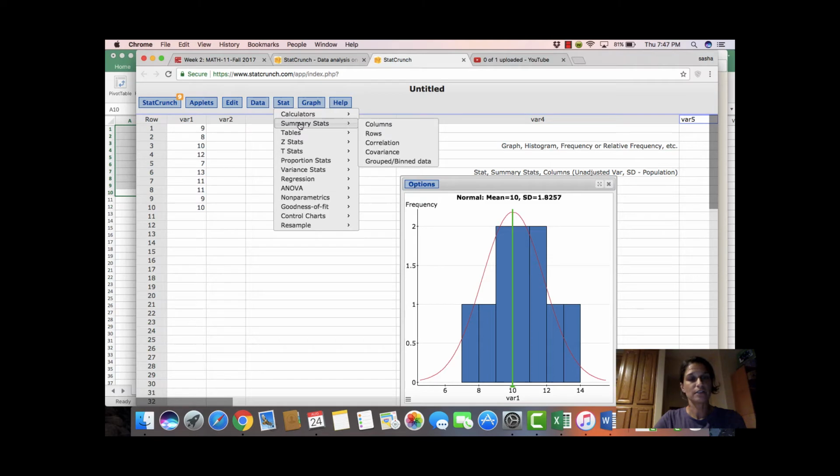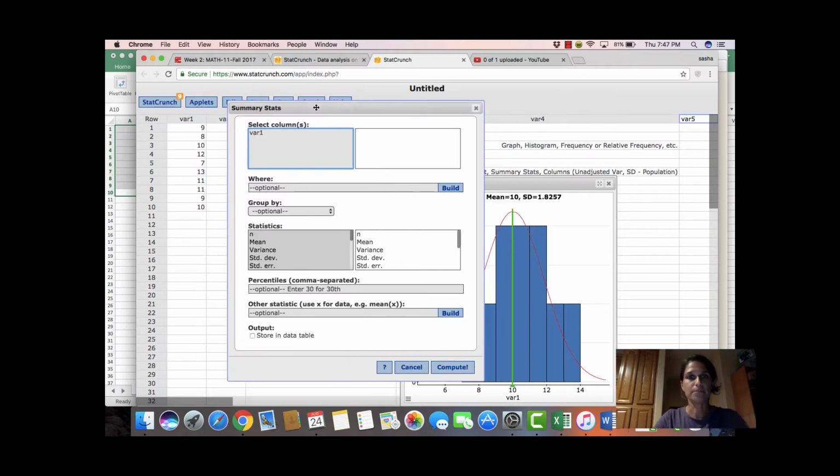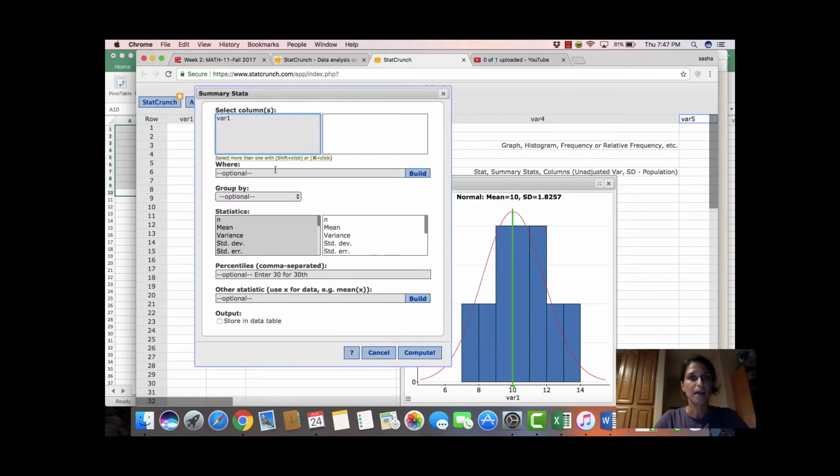So let me show you how to do this just for the calculation. I would go to Summary Stats, Columns, and for population, I'm going to first select variable 1. For population, it's the unadjusted variance and unadjusted standard deviation.